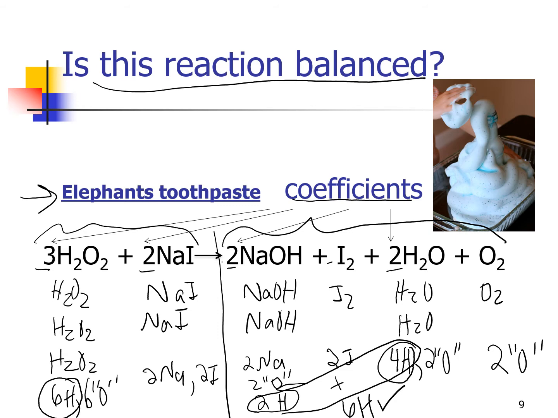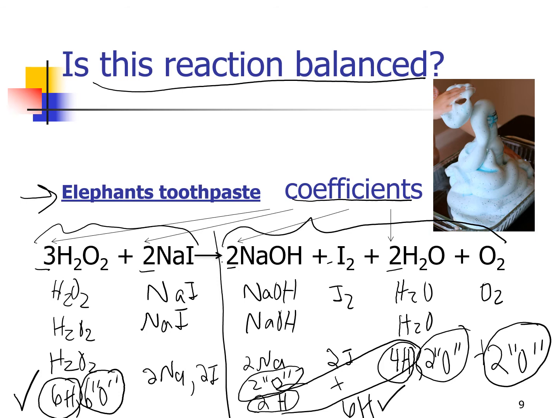So that would be balanced, putting a check mark next to each of those. Now let's look at our oxygens. On the left, we have 6 oxygens. On the right, we have 2 oxygens in 2 sodium hydroxides, and then 2 oxygens in 2 waters, plus 2 oxygens in 1 molecule of O2.